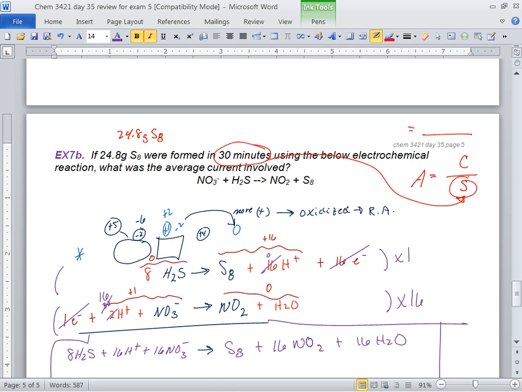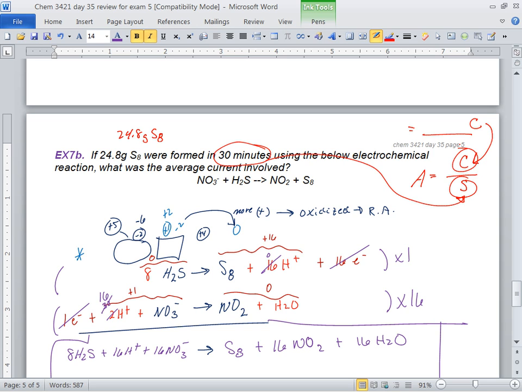You got to get the coulombs. So convert the 24.8 grams of S8 in the final end to coulombs. That's the trick to this. And then whatever you get, that's what you put in right there for that C. To do that, you need a mole bridge between moles of S8 and moles of electrons, and then use Faraday to go from moles of electrons to coulombs.